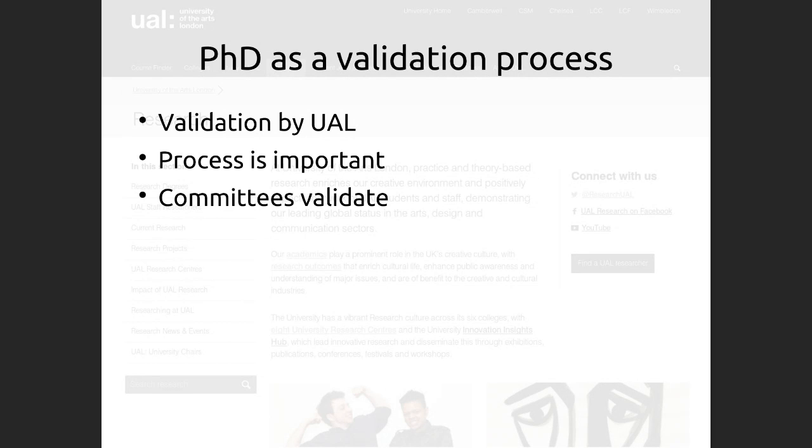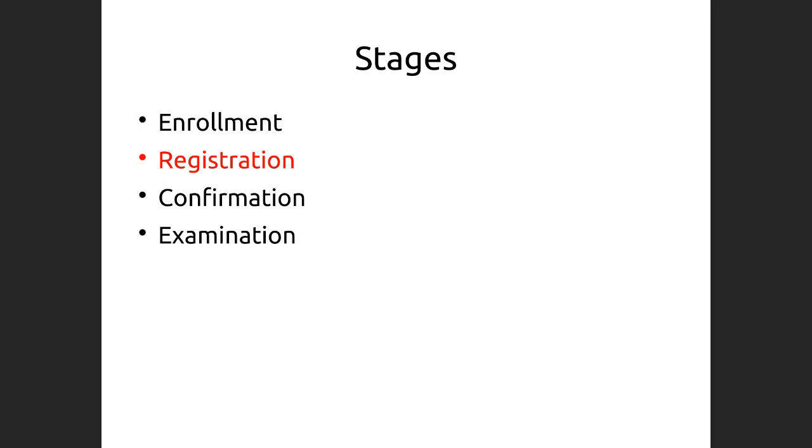Why are they telling me all these things that they need to fix? It's because they think if you fix these now, then you will be good to go. So it's not simply us being harsh, it's us hopefully caring enough to tell you what we think you need to fix before you move on. So validation is important, process is important, and the committees do the validation.